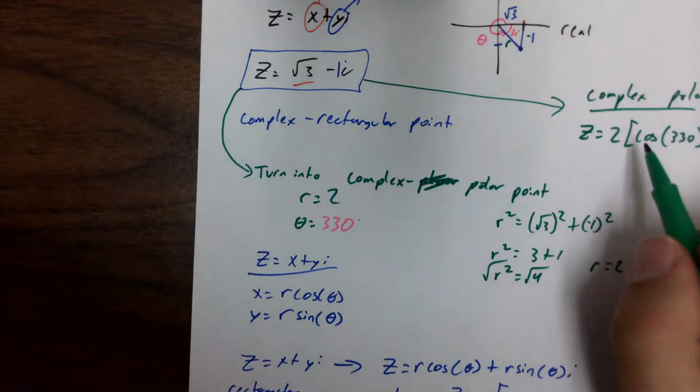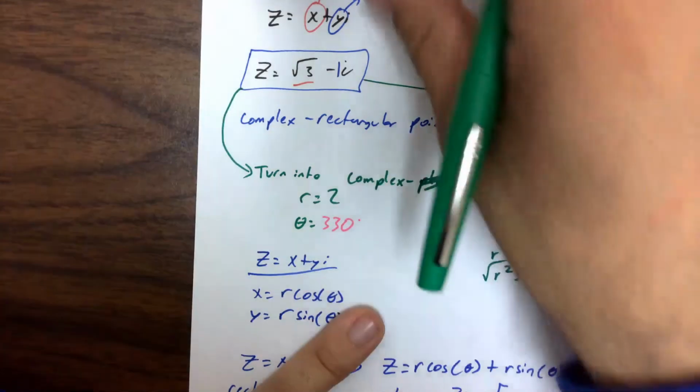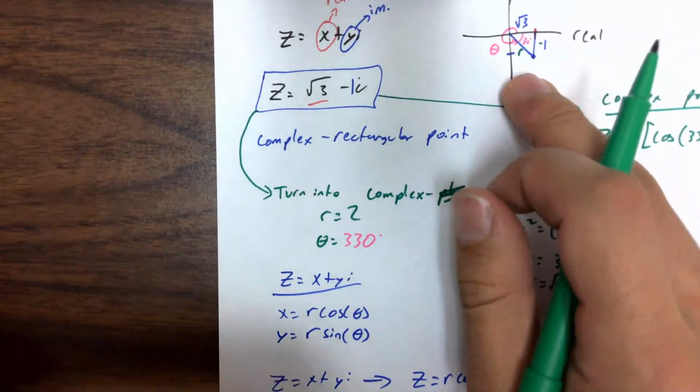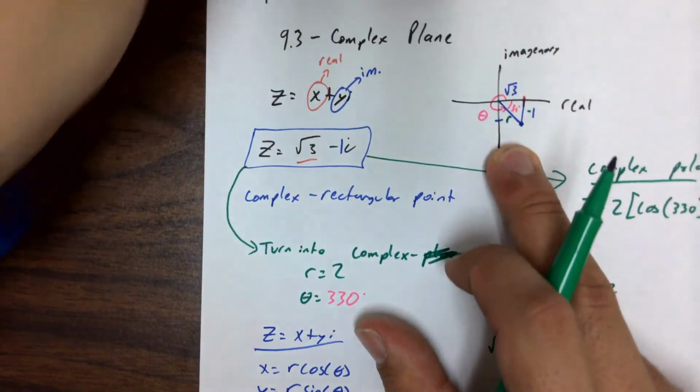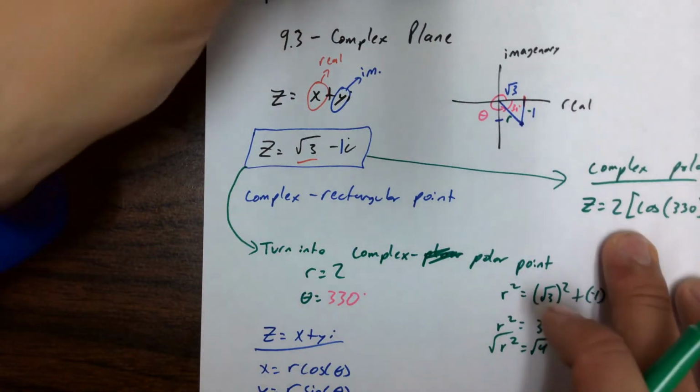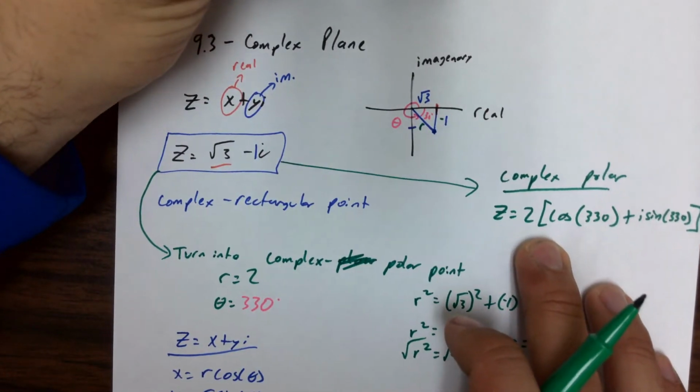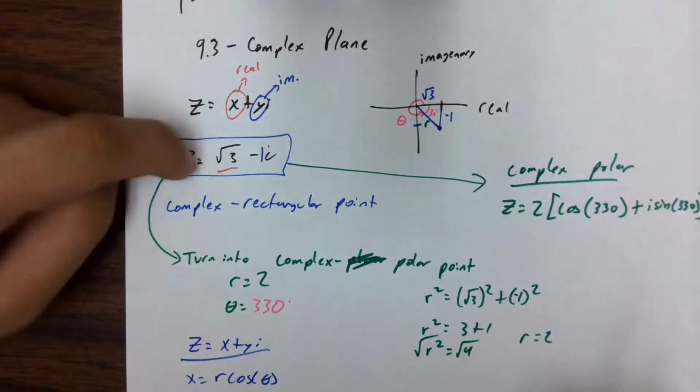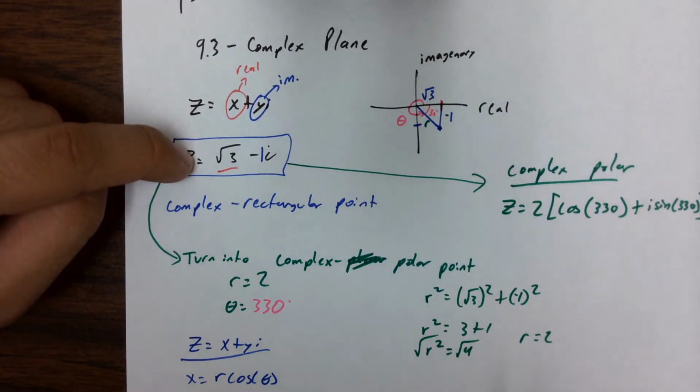And that is the exact same point, what it looks like here on the complex plane. This is it in complex polar. This is it in complex rectangular.